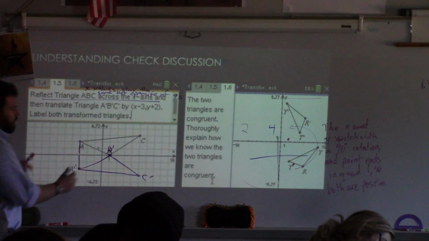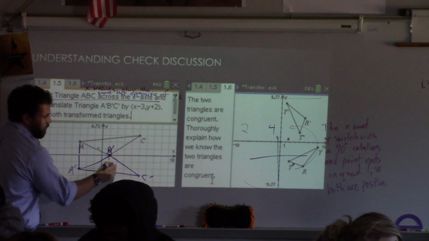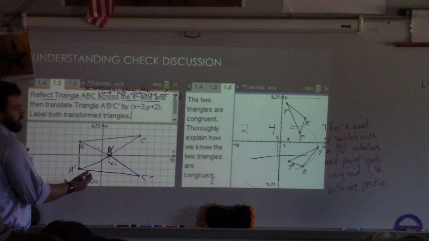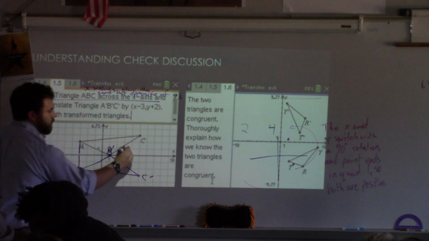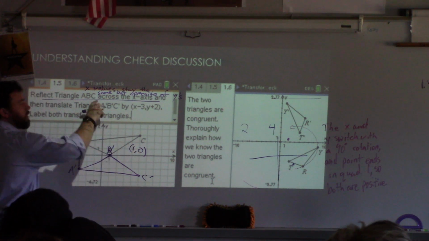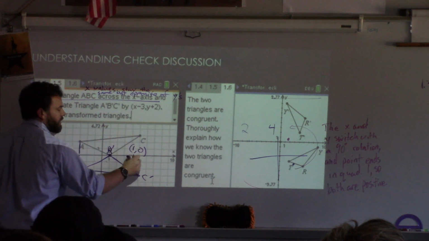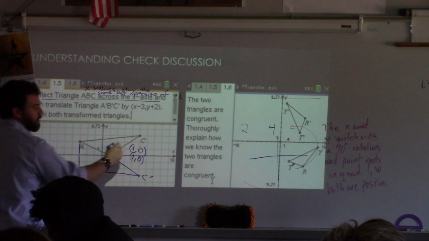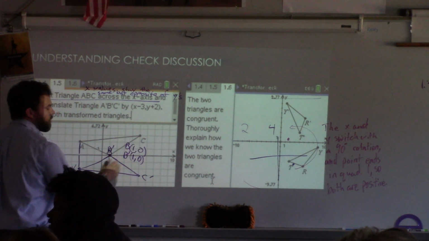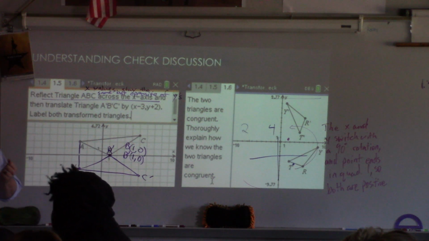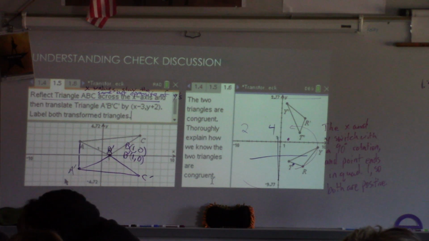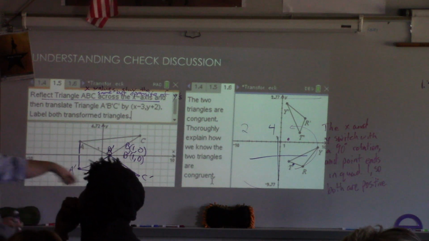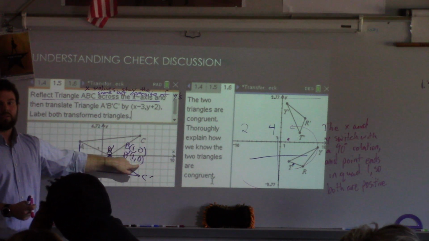If you're going to put B prime here, what you're saying is that B was up here. It wasn't. Remember, if you have 1, 0, and you get the opposite of y, well, that's still 1, 0. So for those of us who got the wrong B prime because we didn't realize that it's on the x-axis, so it's not going to move, that's why. The opposite of the y value is still 0.